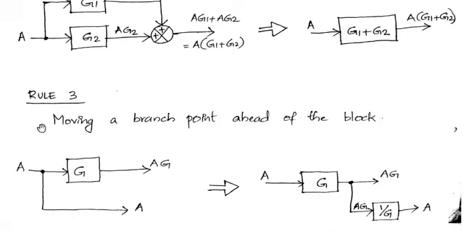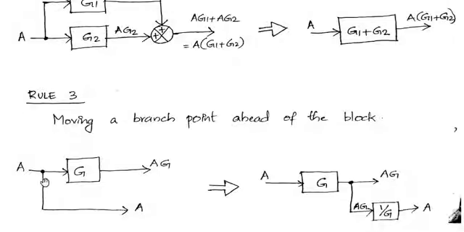Right. Now I am going to apply rule 3. That means I am going to move this branch point in front of G, ahead of G. So what should be the change that is to be made? So we have the same signal A, we have a block with gain G, and we'll get output AG.